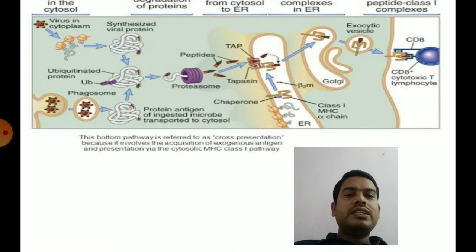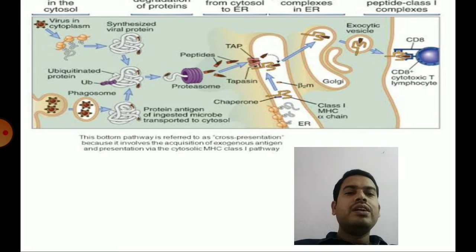On the endoplasmic reticulum, TAP proteins are present and tapasin; these are molecular chaperones and transporter associated proteins. With the help of tapasin and transporter associated protein, the peptides will enter into the endoplasmic reticulum. In the endoplasmic reticulum, the tapasin will make the class 1 MHC molecule ready for binding with the antigenic peptide that entered.